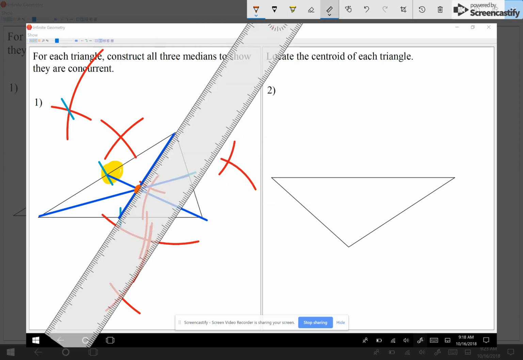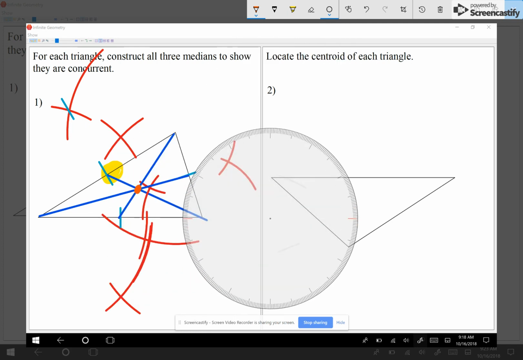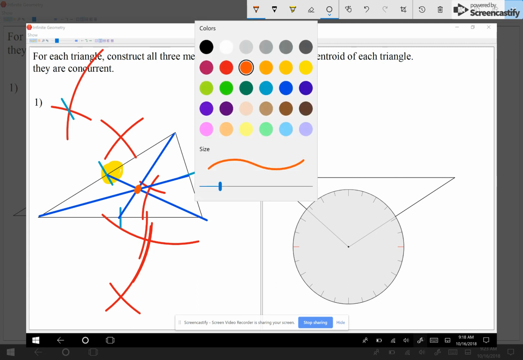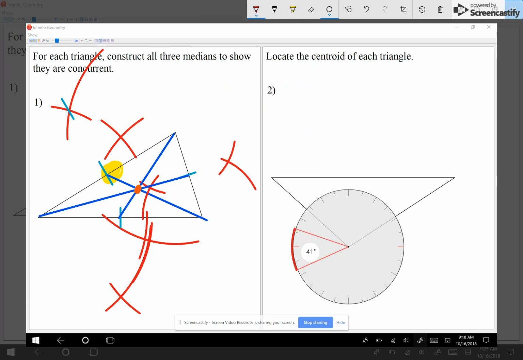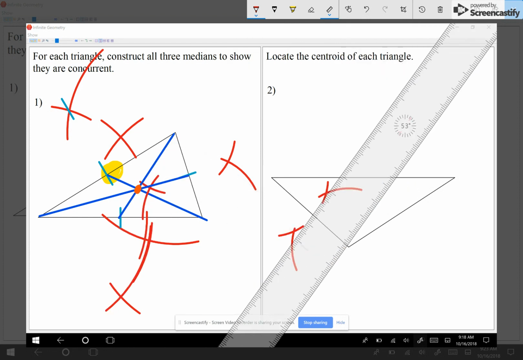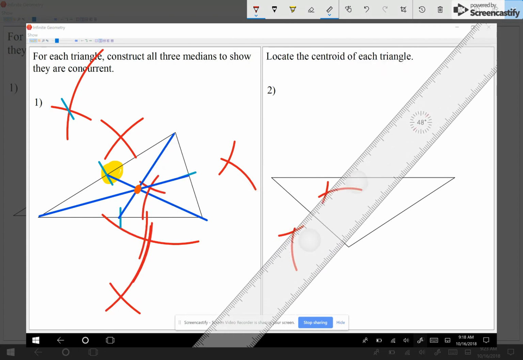So what I'm going to do is find the midpoint of one segment. I'm looking at this segment on the left. I'm going to center my compass at one endpoint of the segment. I'm going to make an arc on one side of the segment, and an arc on the other side. I'm going to move my compass to the opposite side of the segment. I make these intersections just so I can find the midpoint of that segment.